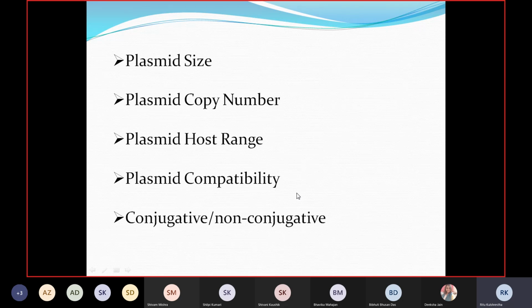I've told you that for biosafety purposes, the plasmids that we use are non-conjugative, or have been made non-conjugative, so that whatever recombinant plasmid you have made and introduced into bacteria is not transferred to other bacterial species and spread in the environment. So yes, all these points are important.